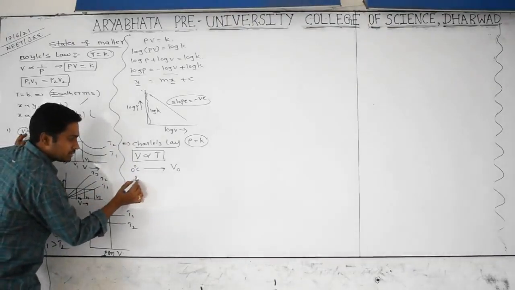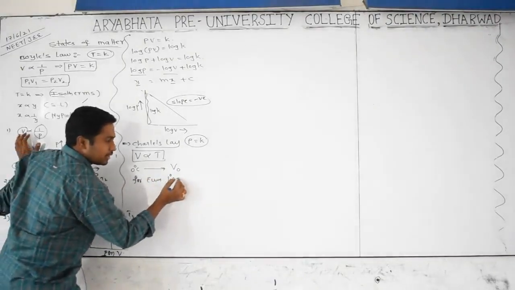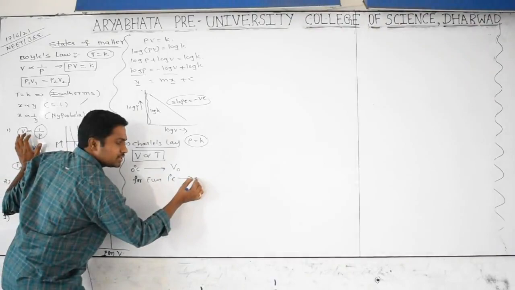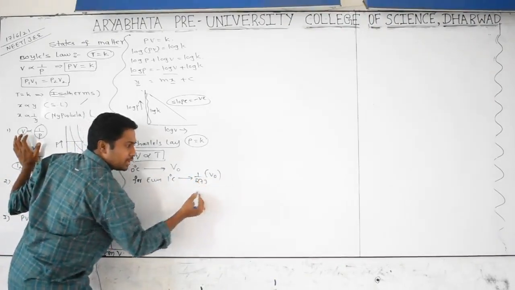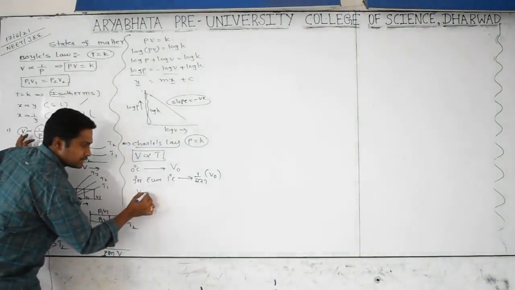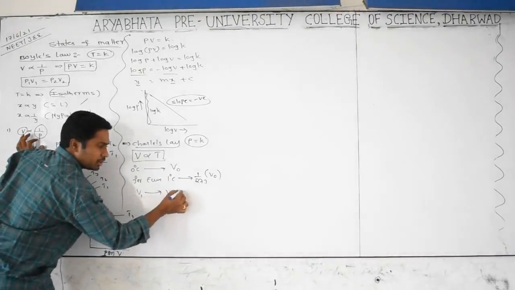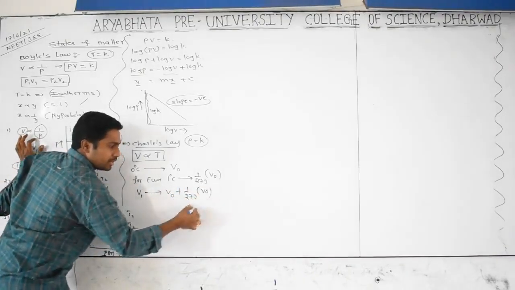This is an important bit. For every 1 degree change in temperature, how much does the volume change? 1/273 part of V0. For example, at 1 degree Celsius, what are we getting? V0 plus 1/273 of V0. Why?